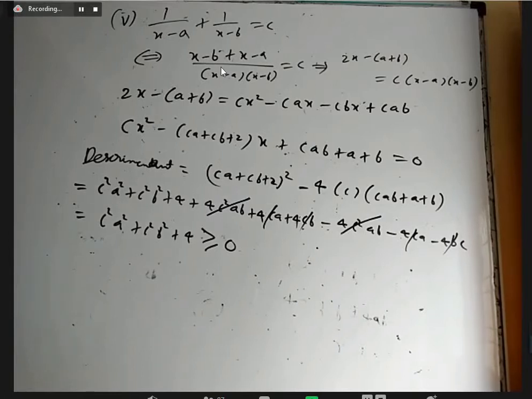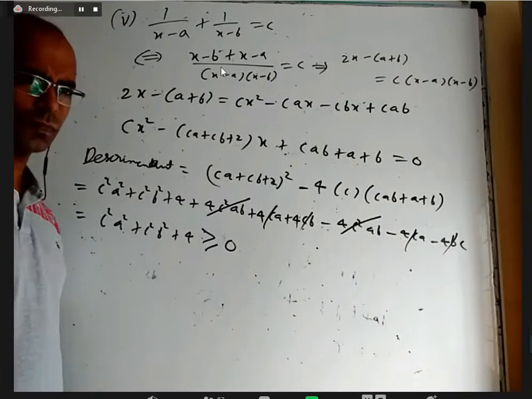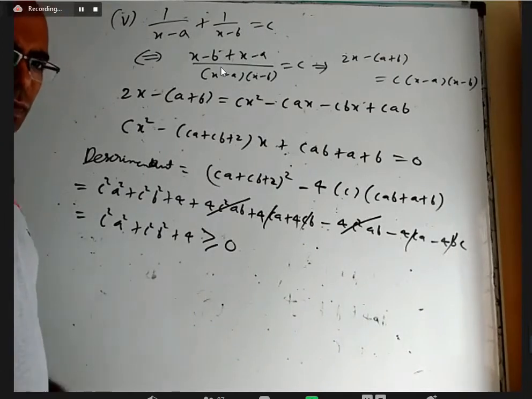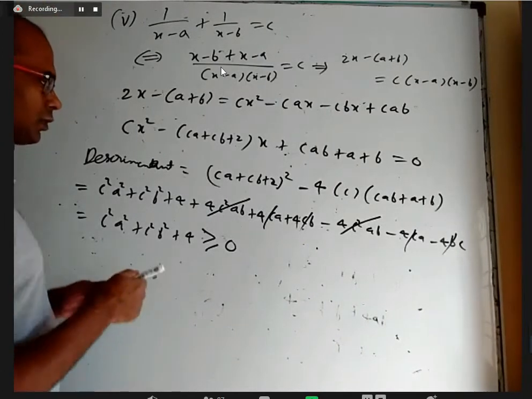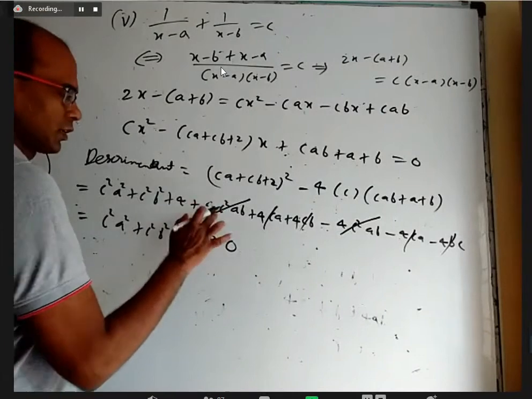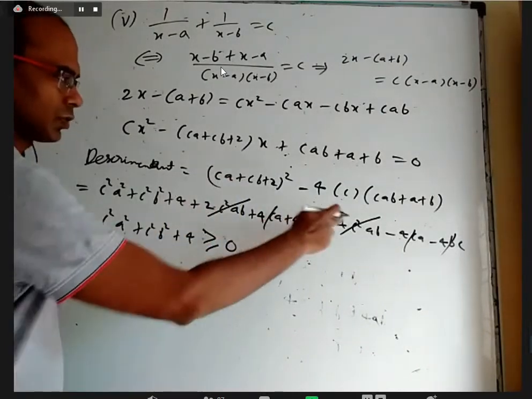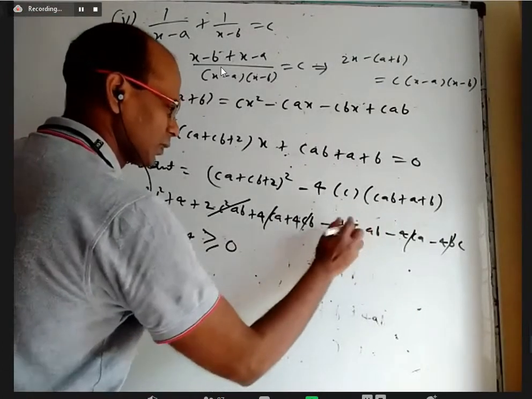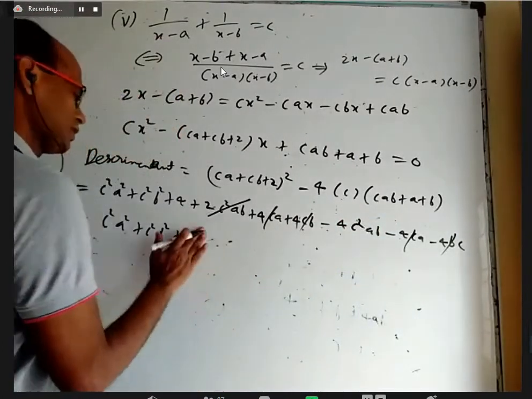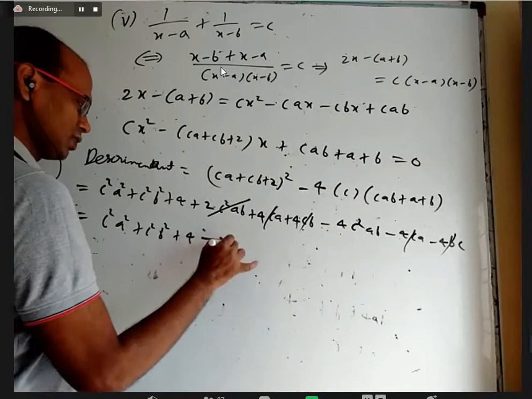Sir, why did 4C square AB come, sir? It's 2C square AB now, sir. Oh, okay, all right. Sorry, I wrote all these 3 things wrong. 2 into this is 2, so they don't get cancelled then. Okay, then we have to make some adjustment. This is minus 2C square AB.